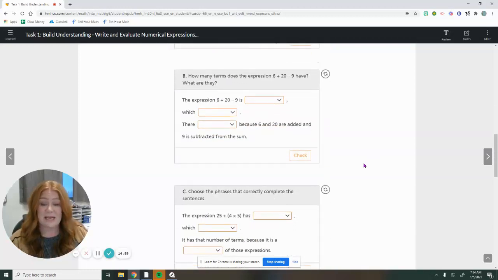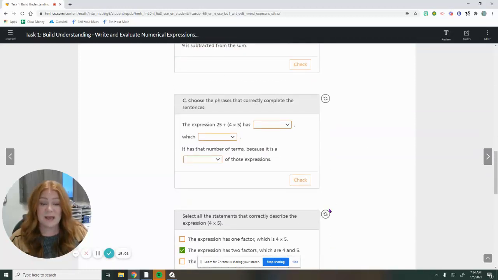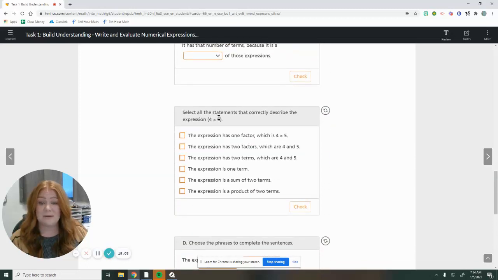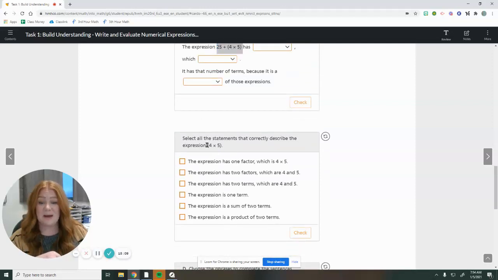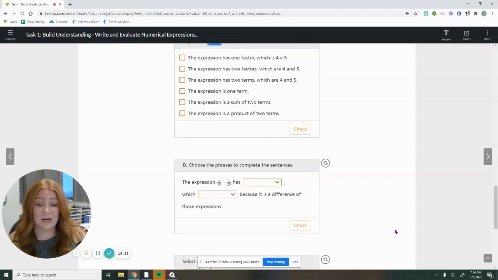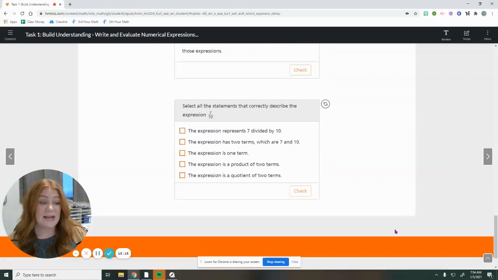So you go ahead and go through each of those. Part C has you first think about this expression, and then just think about the part of it 4 times 5 and select all that are true. So go ahead and try out task 1 and come back when you are ready to do task 2.